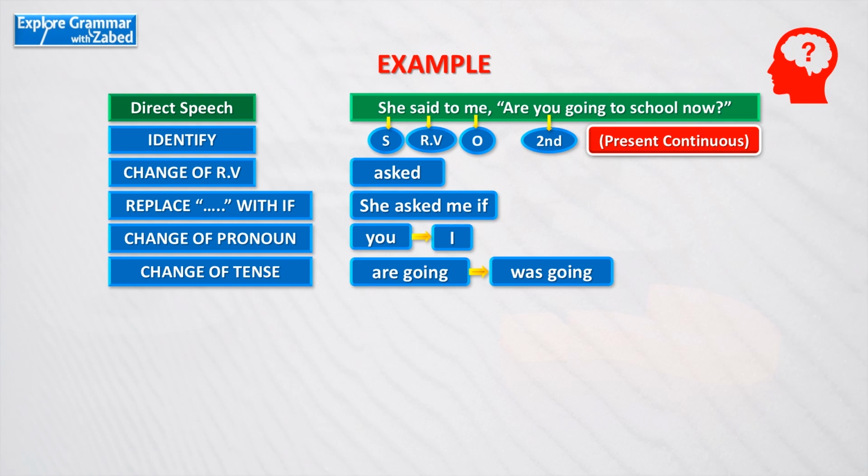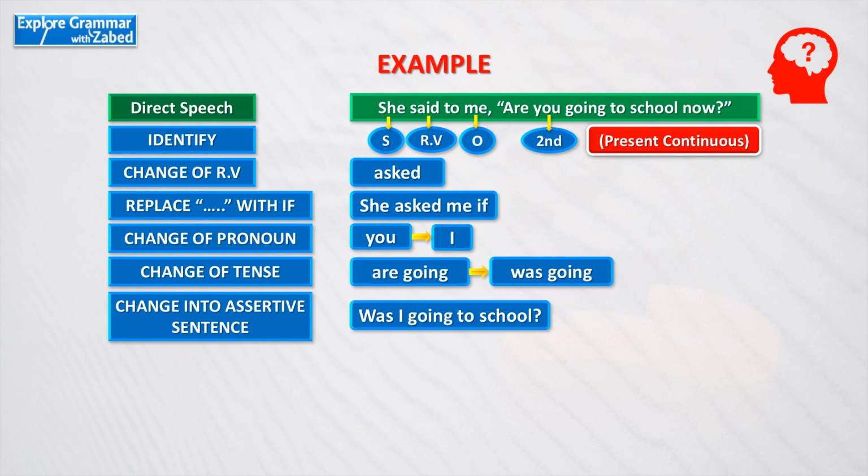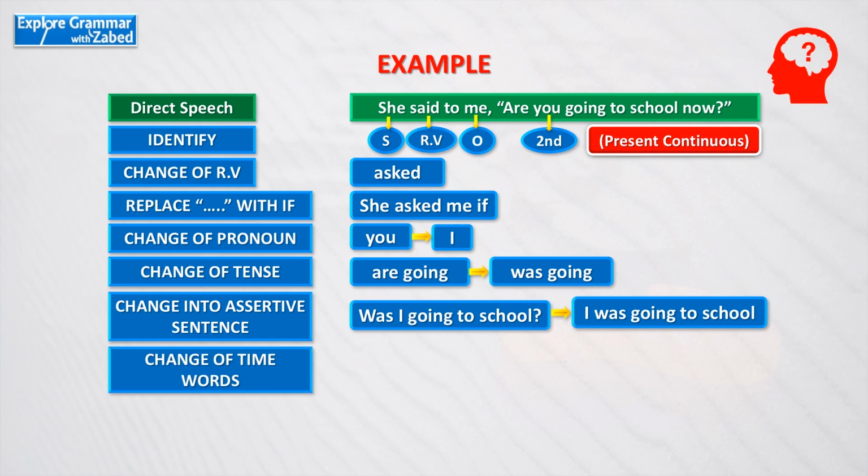Step 6 is to convert the sentence into a statement or an assertive sentence. After the fifth step, the sentence looks like was I going to school. Applying step 6, the statement becomes I was going to school. Step 7 is the change of words denoting time and place.